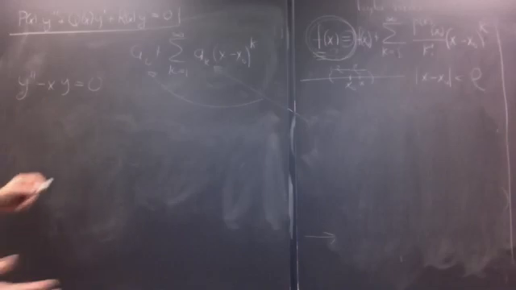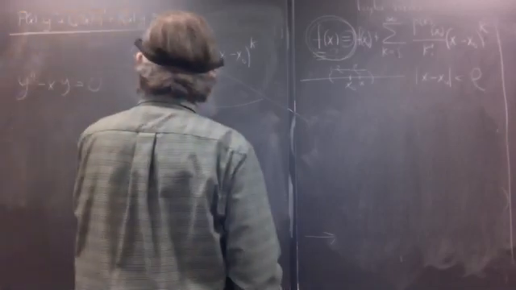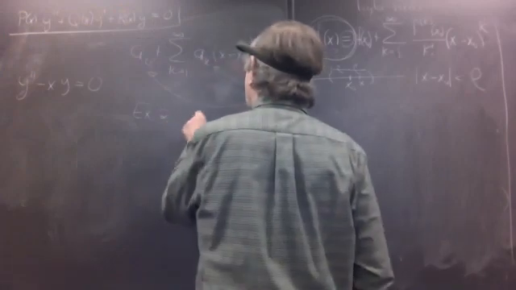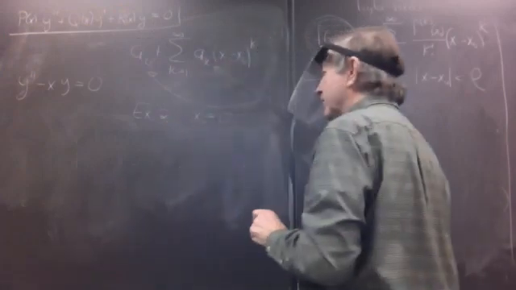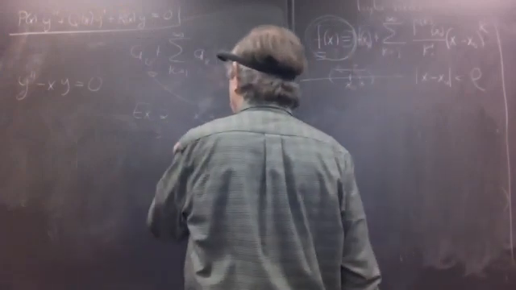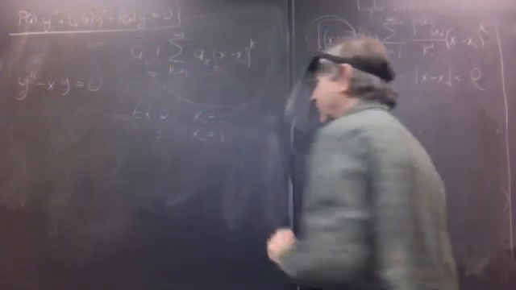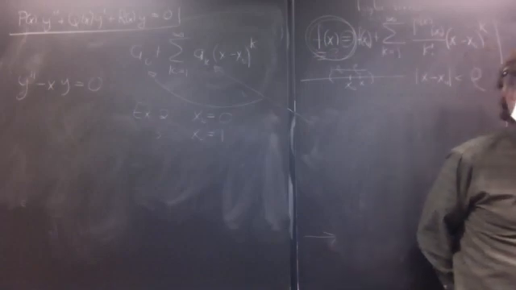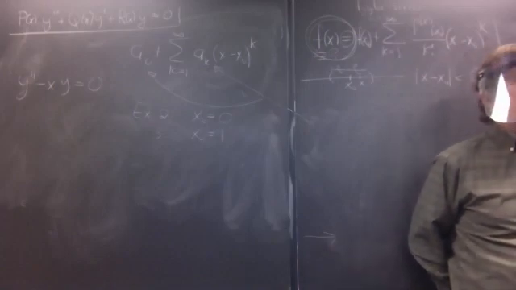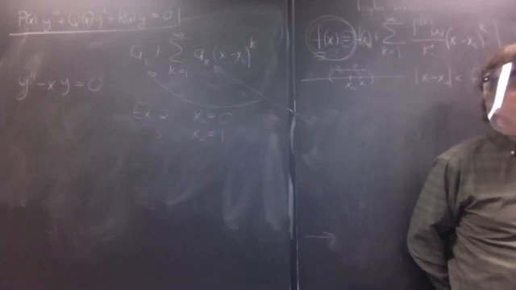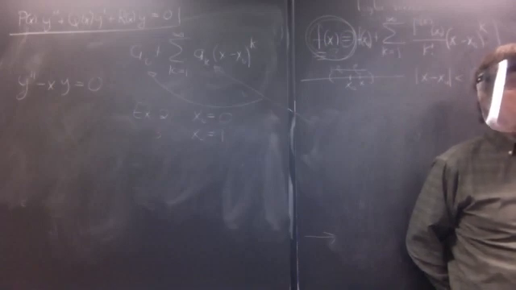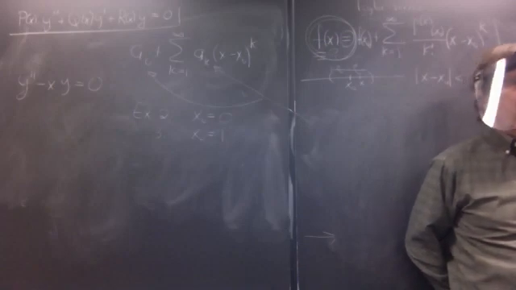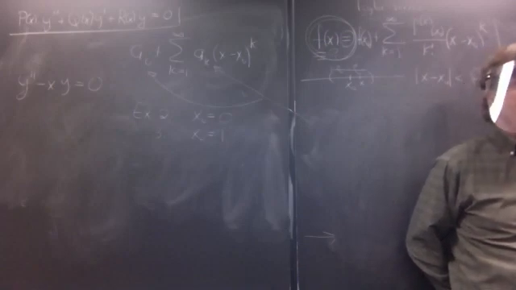Now, in example 2, x naught is 0. In example 3, x naught is 1. And so what this section's about is to do 3 problems where you stick functions and the first and second derivatives as power series into the differential equation and try to solve it.